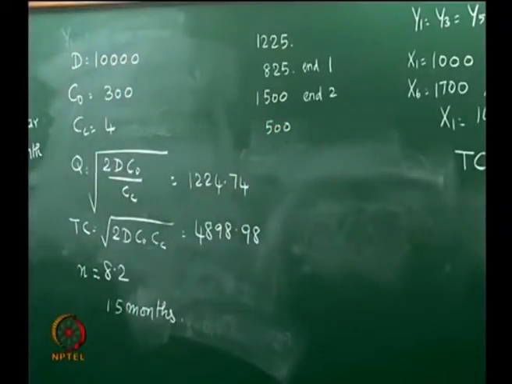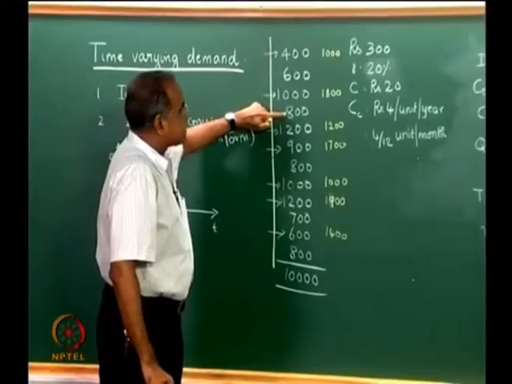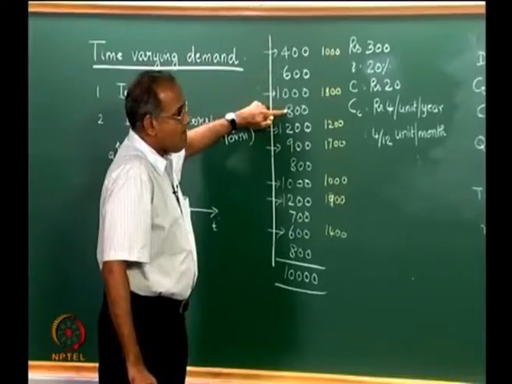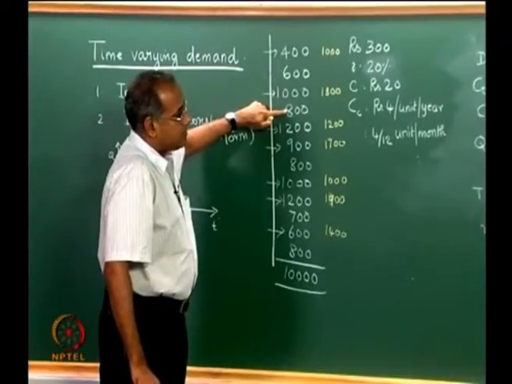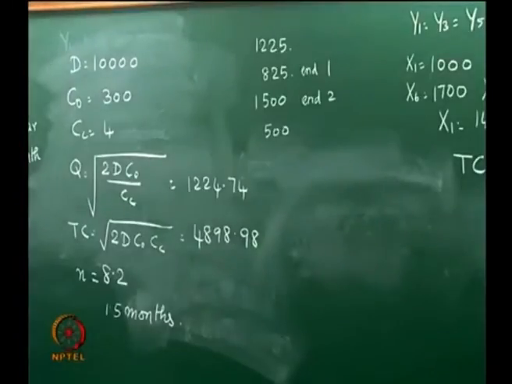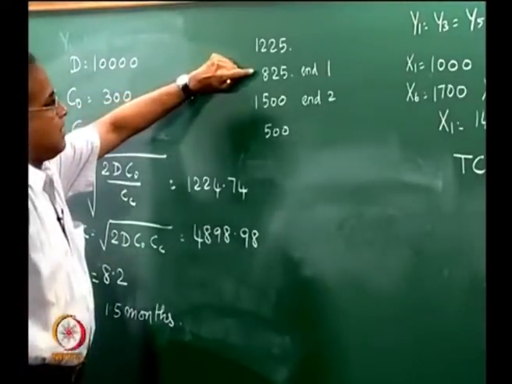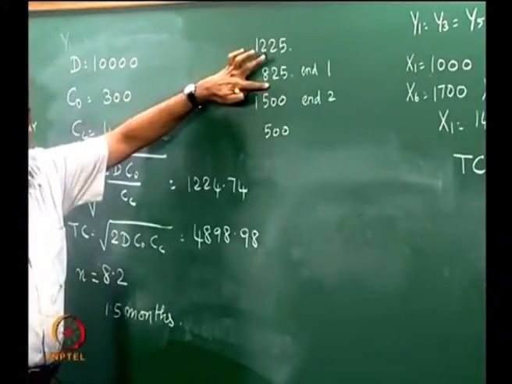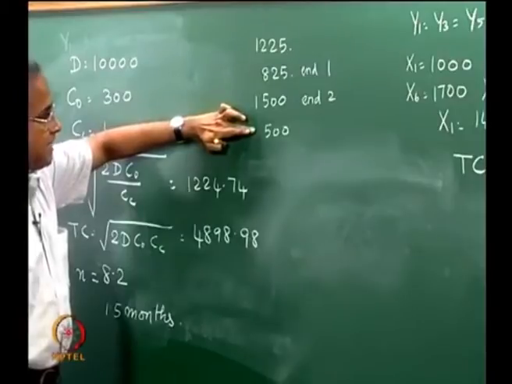Now, halfway the next order is going to come. Now the first order has actually come here, the second order will come at this point.